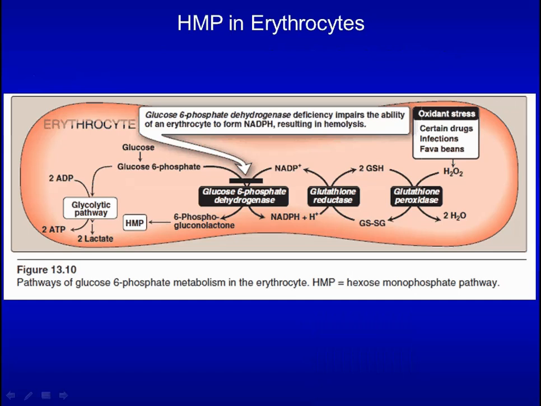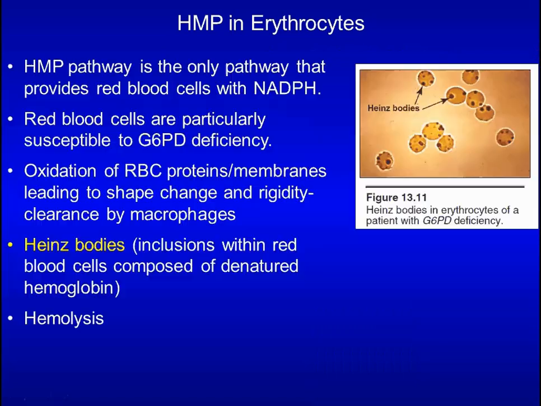In red blood cells, HMP shunt is the only pathway that provides NADPH. NADPH is required for production of reduced glutathione in order to remove hydrogen peroxide in red blood cells. Red blood cells are particularly susceptible to G6PD deficiency.